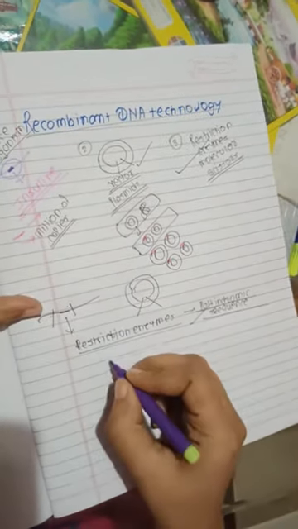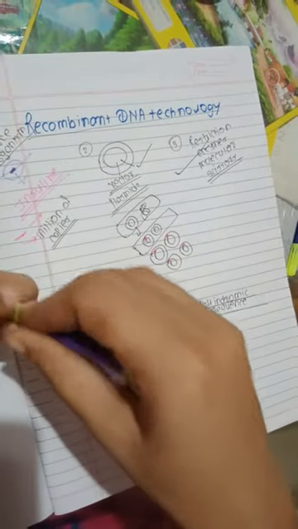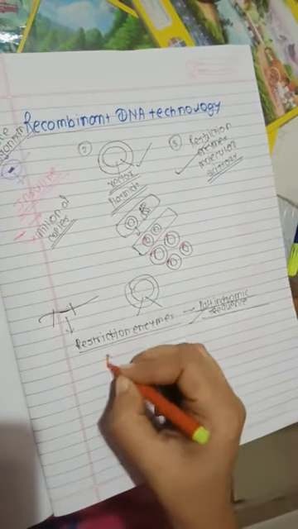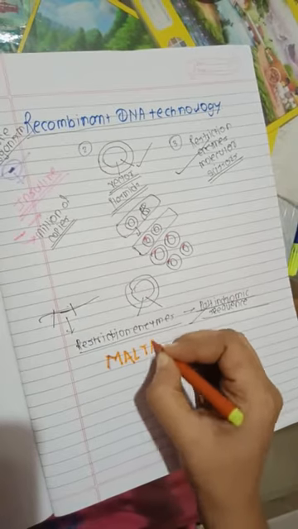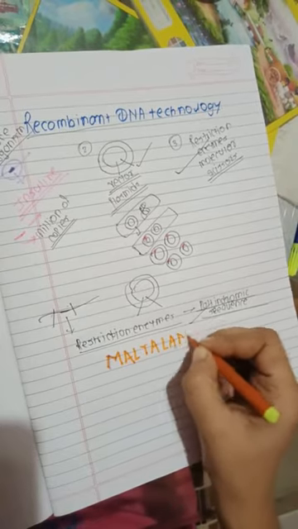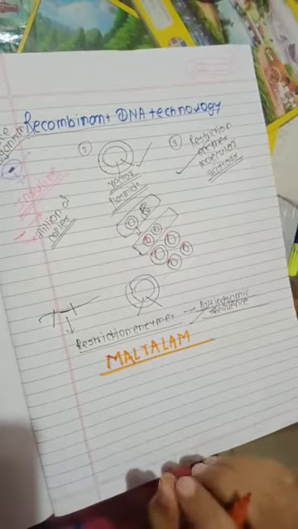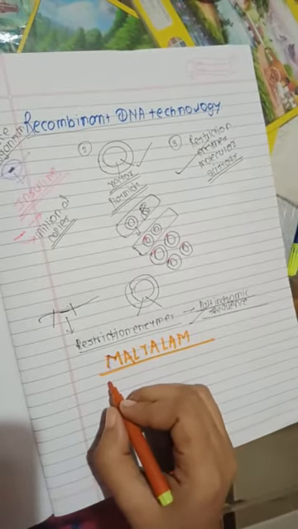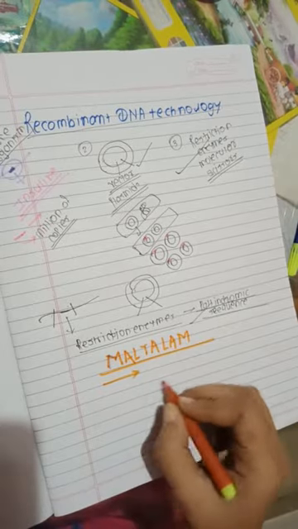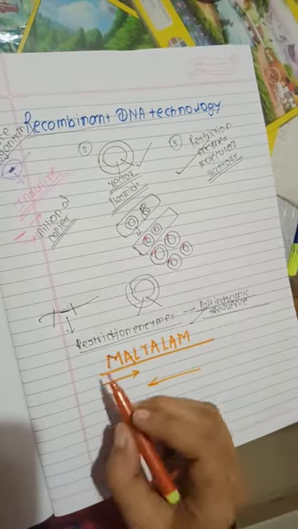Let's take the example of Malayalam. Here I write Malayalam. If you see the symmetry, you can read this word from left to right and from right to left, and it reads the same.